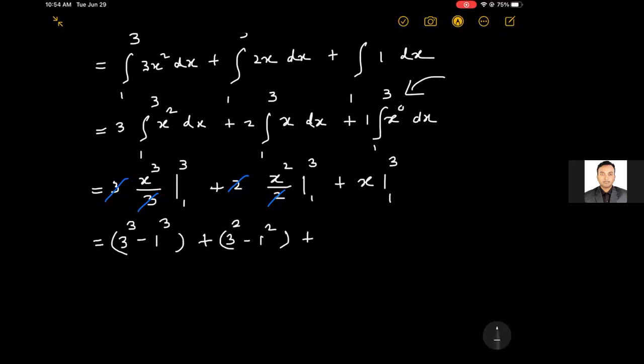And last but not the least, replace x by 3 minus replace x by 1. Just in place of x, write the upper limit first and then subtract the lower limit. If you have exponents, you need to have the exponents as well. Just replace your x, nothing else. If you have cubed, have those cubed. If you have squared, have that squared. Okay, like this.